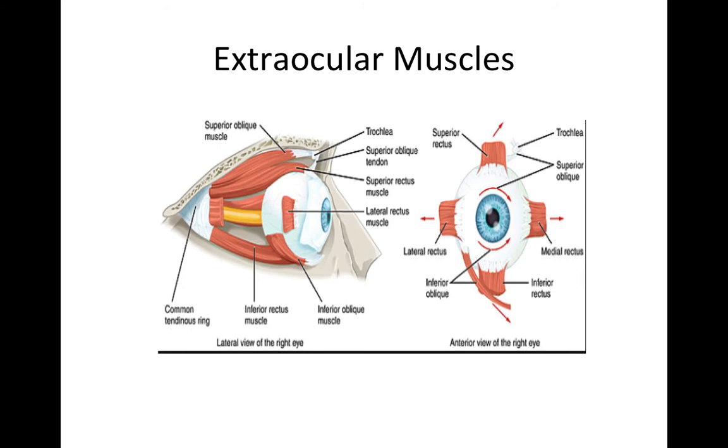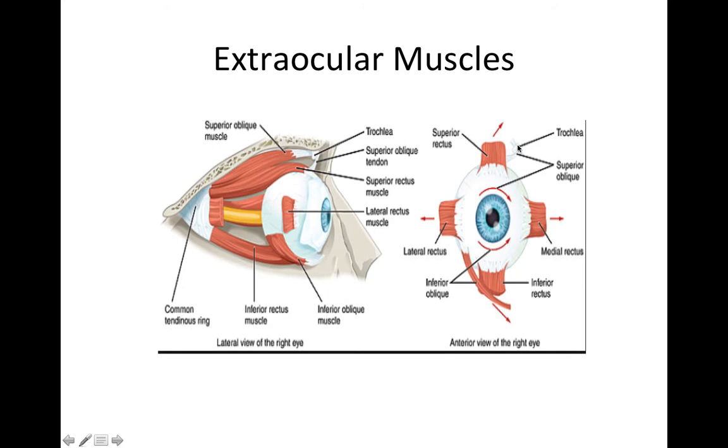I like to start with the abducens nerve because it is going to innervate the lateral rectus muscle, which we can see here as well as here. The trochlear nerve, cranial nerve 4, is going to innervate the superior oblique muscle, which you can see in this picture here, as well as the pulley here.